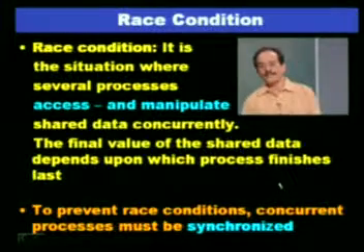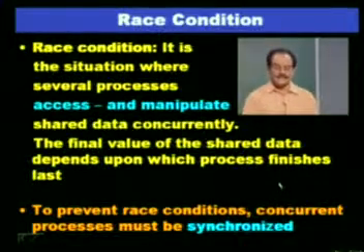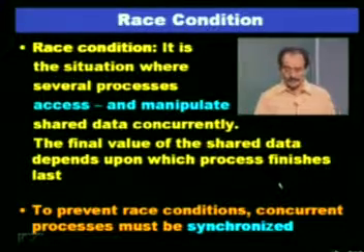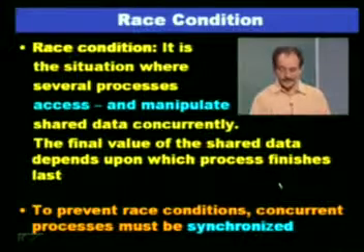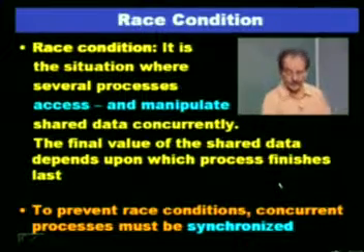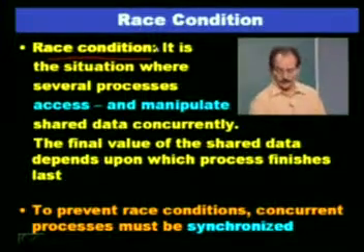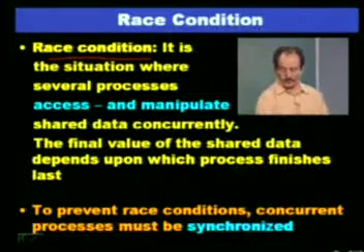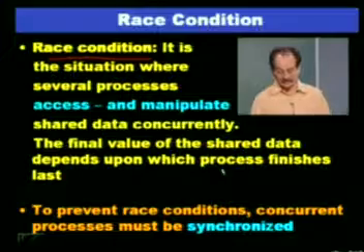If I do not define anything of this sort, the moment any of them has the access, he will be able to update this particular value. This sort of situation we call a race condition. The final value of the shared data depends upon which process finishes last.